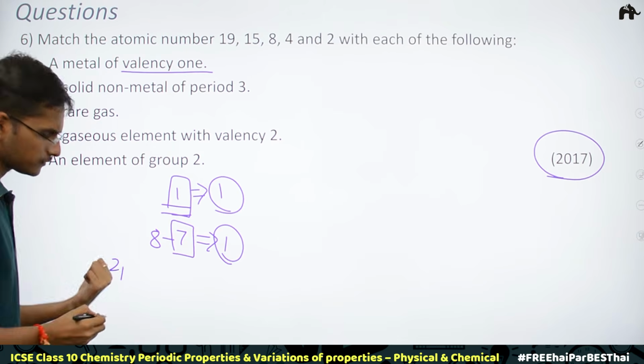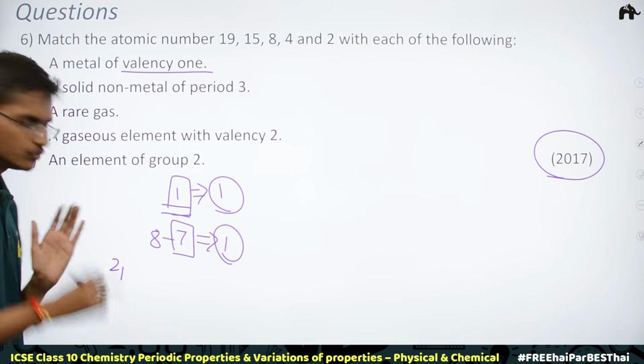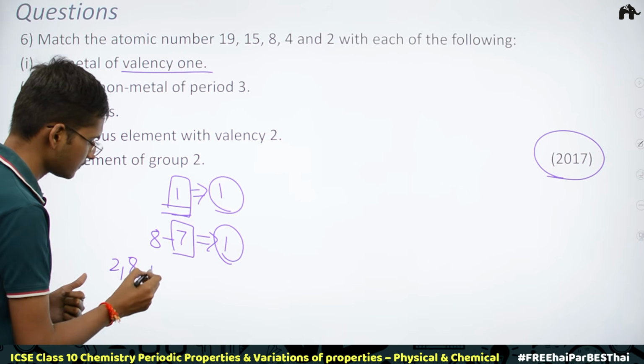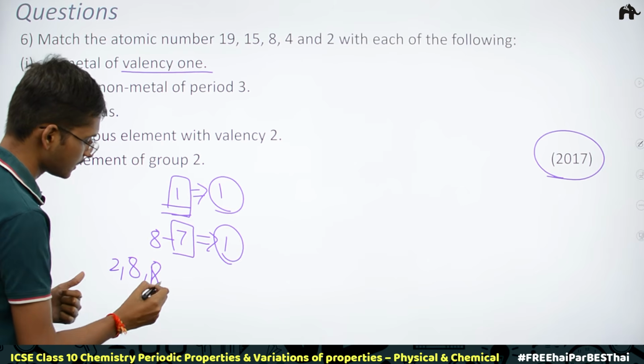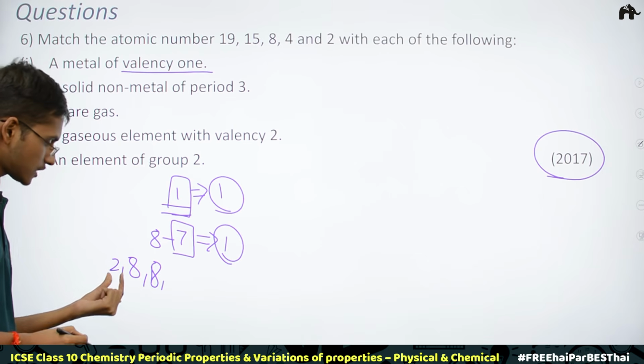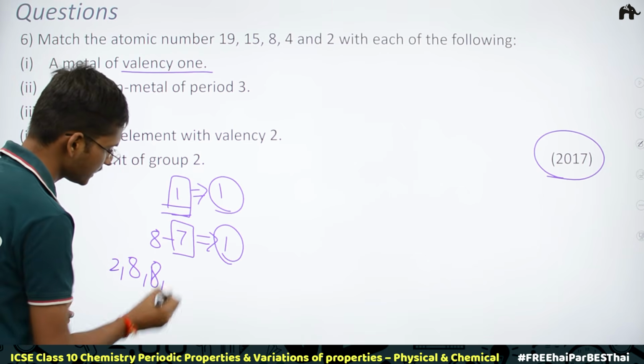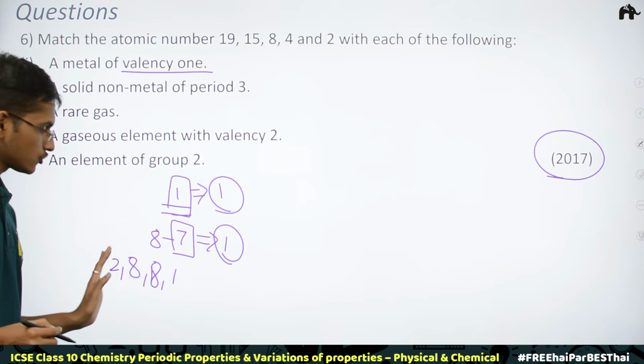I can write here first in the first shell, K shell, I am putting 2, then 8 in the L shell, in the M shell I am putting again 8, because I am having 9 more electrons after 10. So I have put 8 electrons in the M shell, and in the N shell I am putting 1 electron. So total is 19.